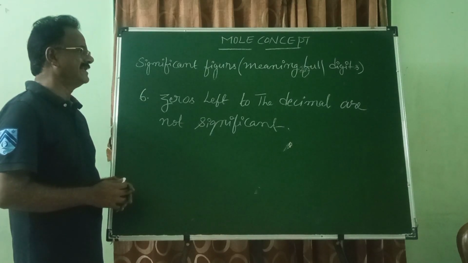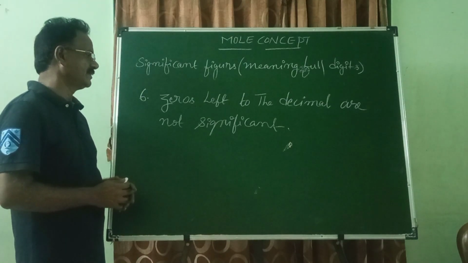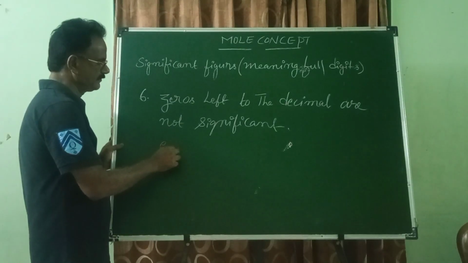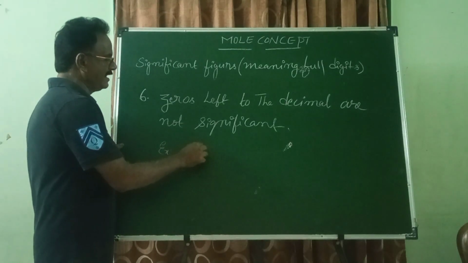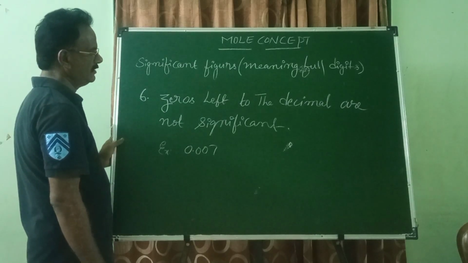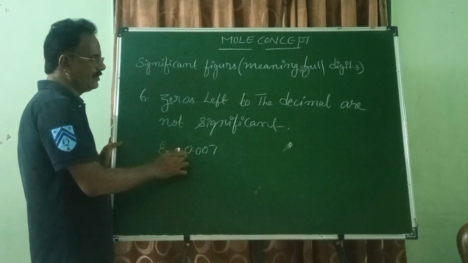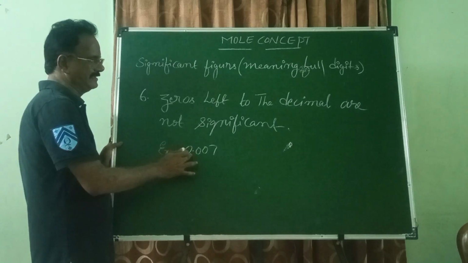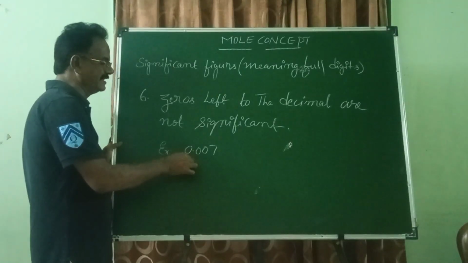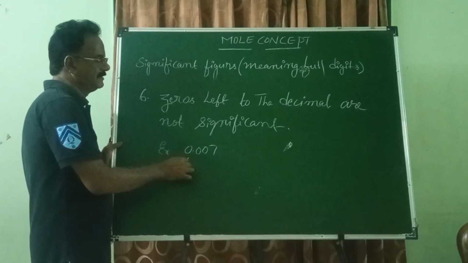Now I am going to do the 6th rule: zeros left to the decimal are not significant. Let us see one example. 0.007. Here the 0 left side to the decimal point is non-significant.